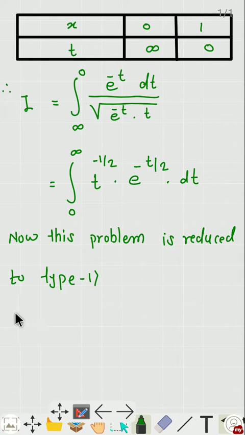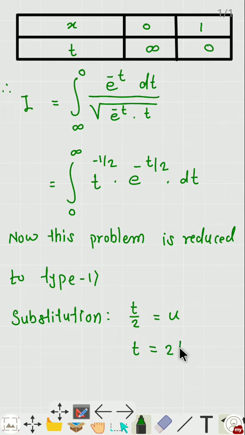So again we use substitution. And again the obvious substitution is t by 2 is equal to some variable, let us call it u. Therefore t will be 2 into u, and therefore dt is equal to 2 du.